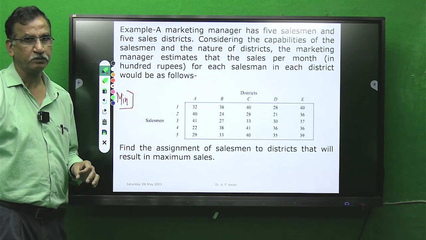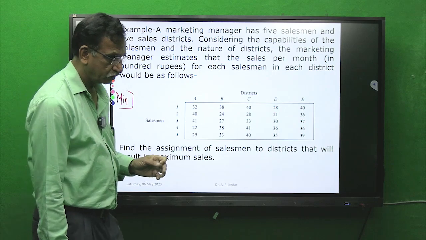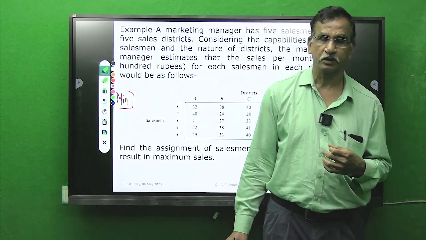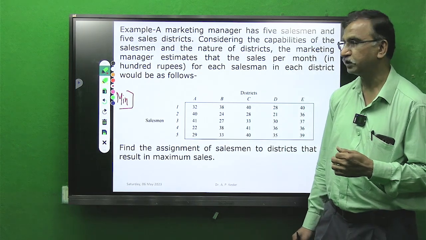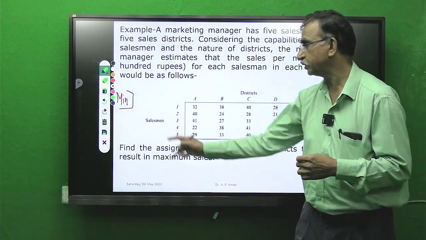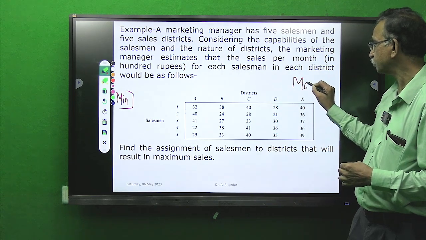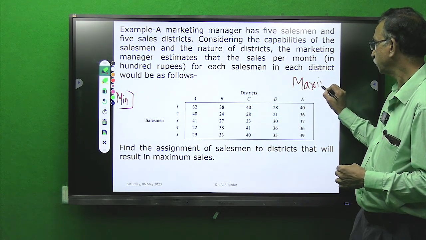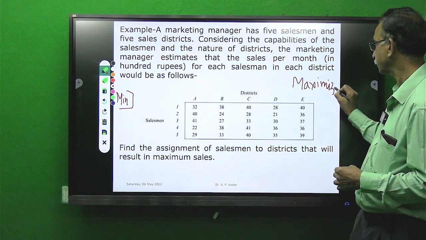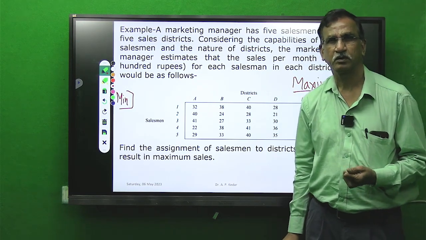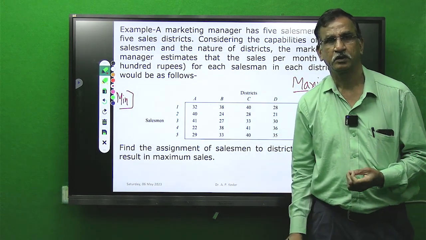But in real life, we see a lot of applications of assignment problem where the objective function is not minimization. The objective function, in most of the cases, is maximization, or to maximize. Simple example, maximize profit.